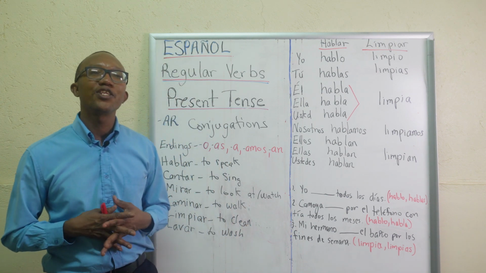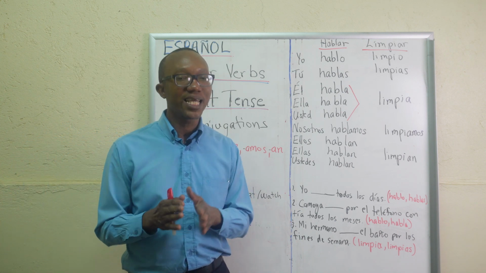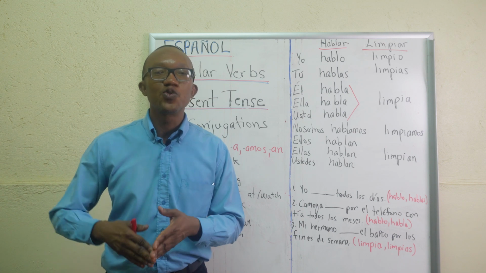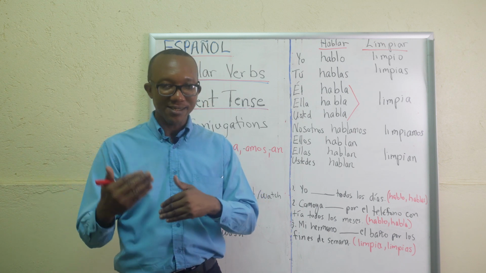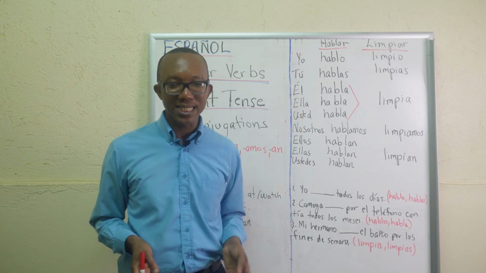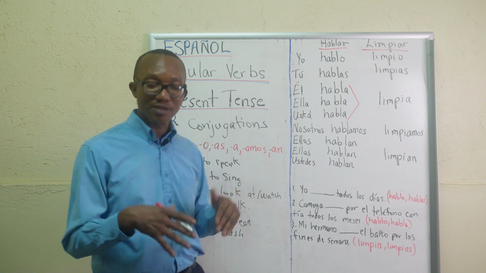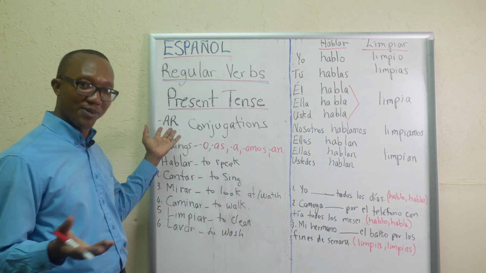And once you learn the conjugated forms in one tense, it's easier to move up to the other tenses, the preterite, the imperfect, the conditional, all the other tenses that you can think of. Right? So we're going to start it off with the present tense.